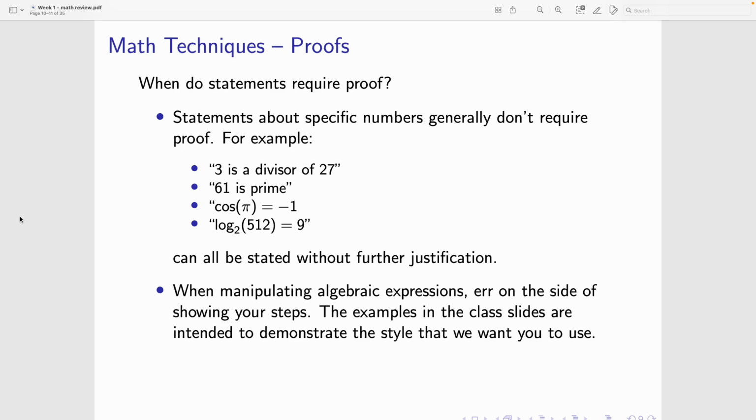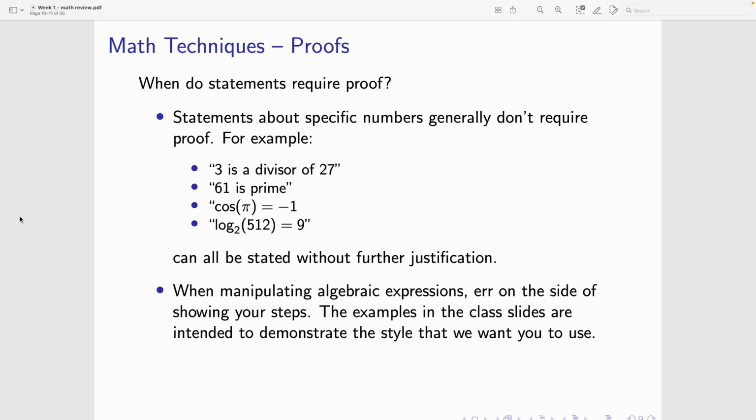3 being a divisor of 27, you could just say that, and the marker might verify that with a calculator, but they won't tell you that you should have explained that more. When you're doing algebra, like stuff with multiple steps, err on the side of verbosity, talking a lot, yapping even.